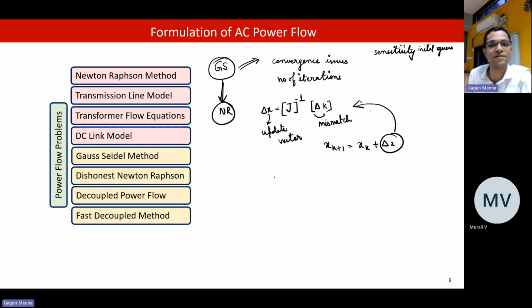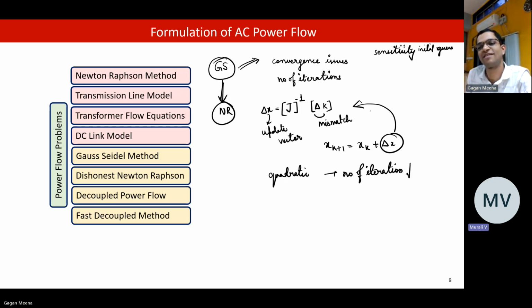And Newton-Raphson, because it gives us quadratic convergence rate, needs much fewer iterations. But there is one problem: the storage requirement is high, and it is complex to calculate the Jacobian and the mismatch vector every time. So the storage requirement and computation time for each iteration is more.